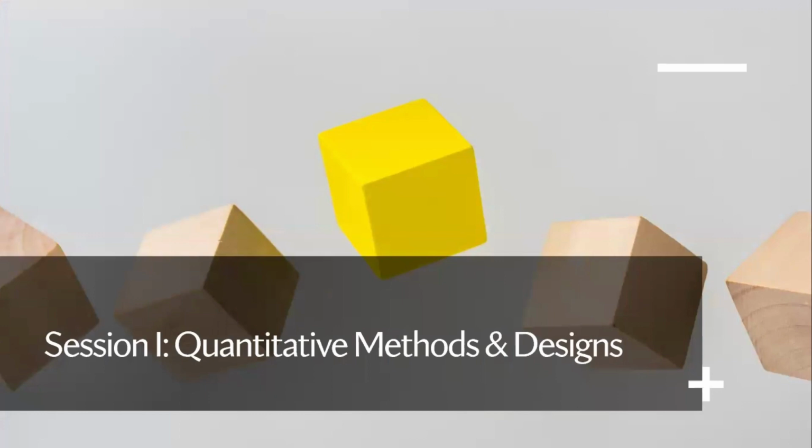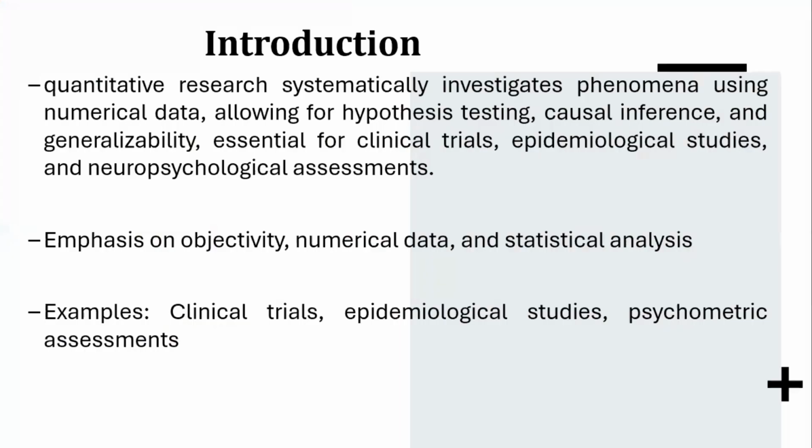Right, so let's look at the first method, which is quantitative design. And for quantitative, as most of you are already aware, this means that you are doing research or investigating a problem using numerical data. You are drawing on quantitative data.